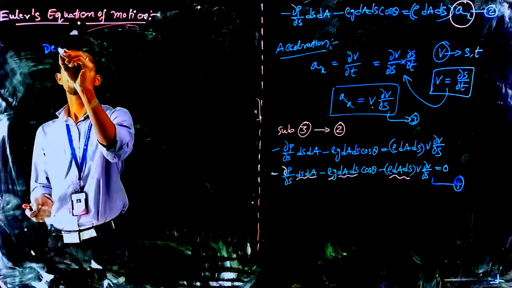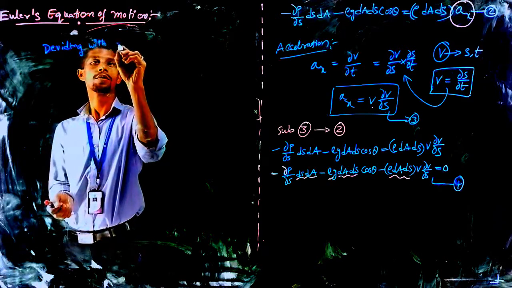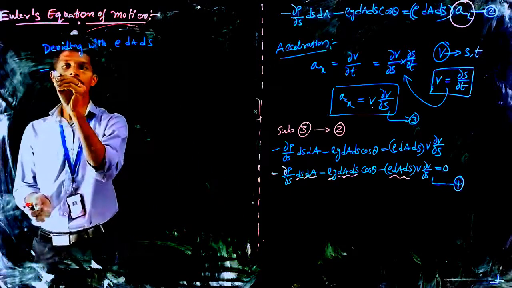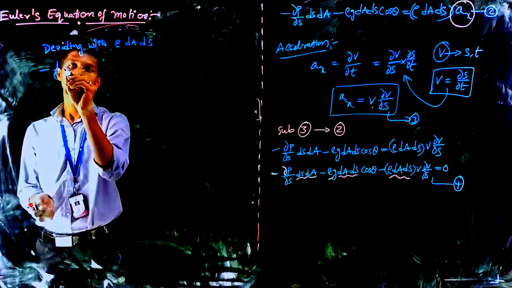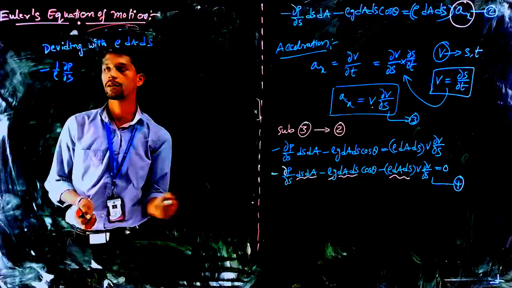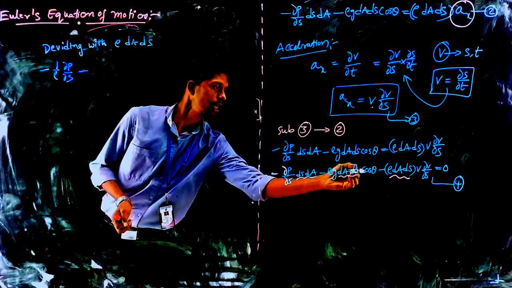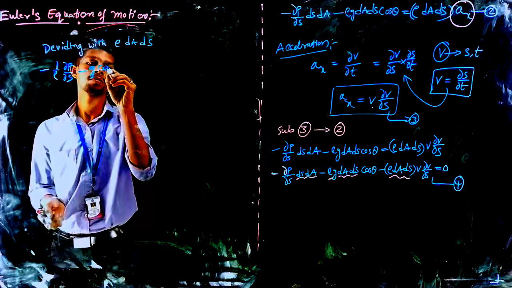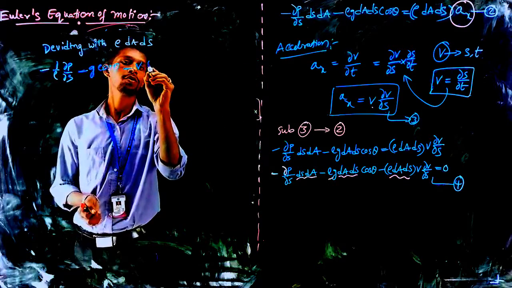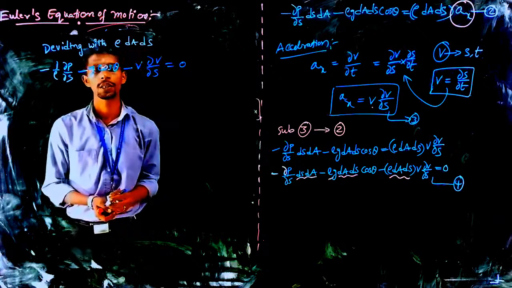Dividing with rho dA and ds, you will get minus 1 by rho dou p by dou s here, because there is no rho here, and minus g into cos theta, minus v into dou v by dou s, which is equal to 0.